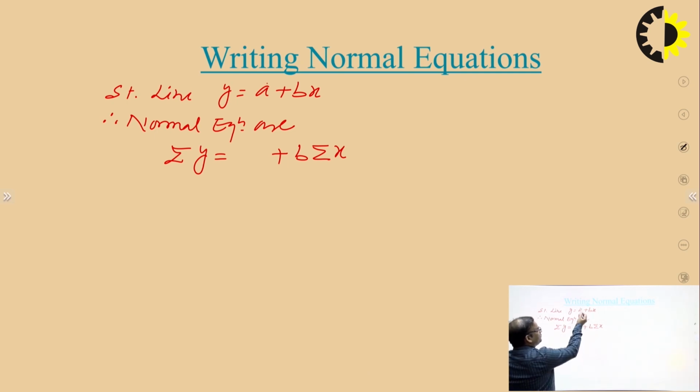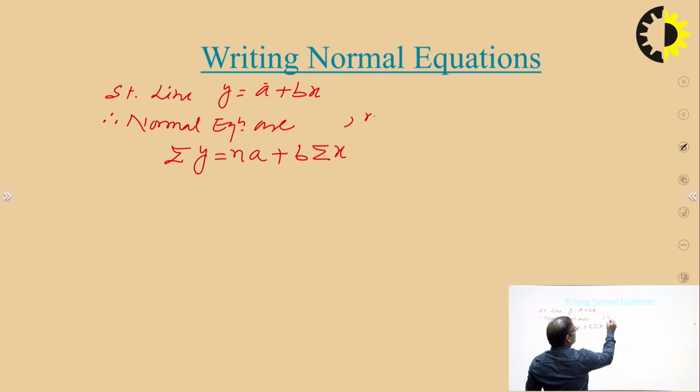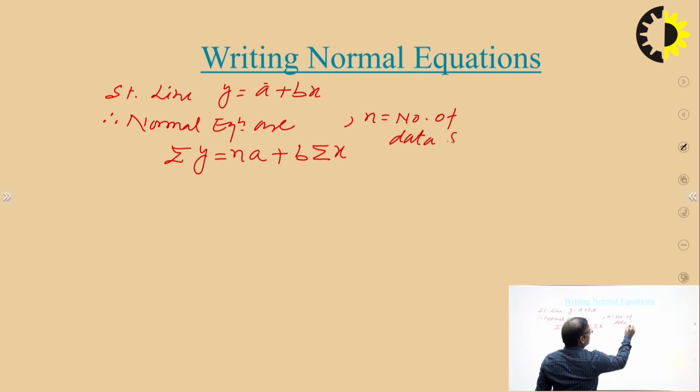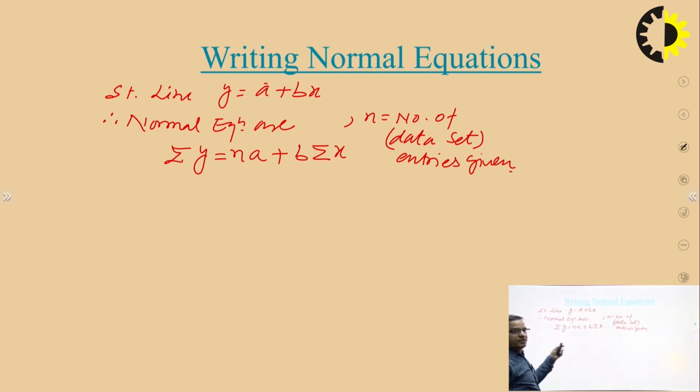And if a, this kind of constant, is free, then we write n a, where n is the number of entries or data set given to us. In this way we can write the first equation.